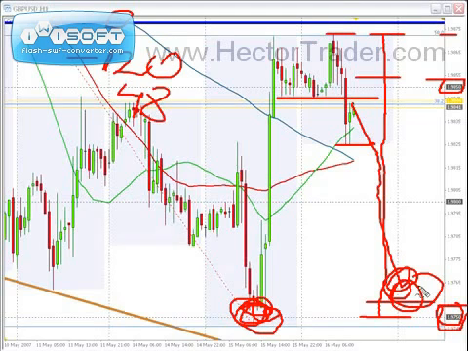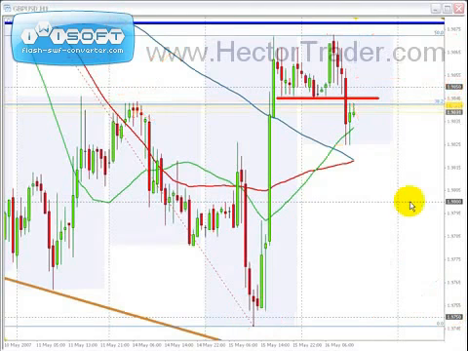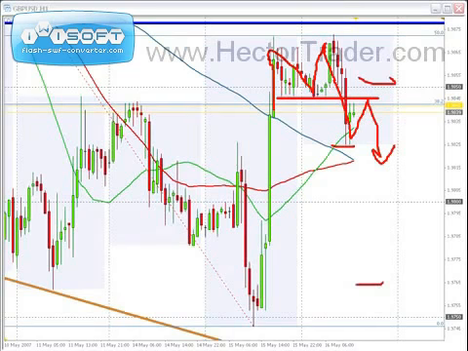I will keep on updating this video as soon as either I get an entry right there, or price keeps on shooting up and this level is not working as the resistance that I'm hoping for. I'm hoping for this formation: M reversal formation, breakout, retest, and continuation of the move to the downside, trigger, stop loss, final target.